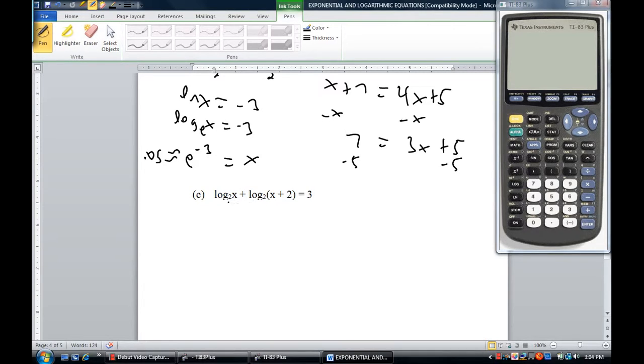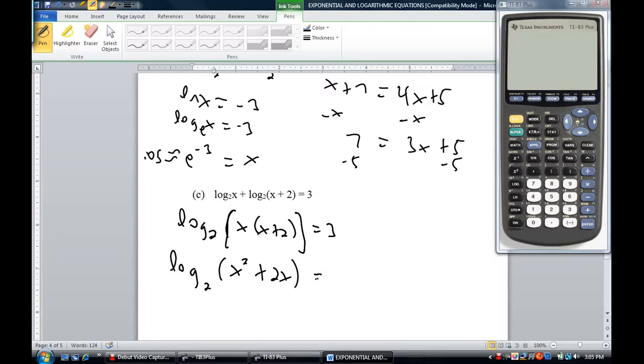Well, what that means is we can combine these two logs together as a single log since they're being added. And we can do that if we multiply x and x plus 2. It's one of the properties that you need to know. Now, I'm going to go ahead and clean up what's inside the brackets and distribute the x. And we get x squared plus 2x.